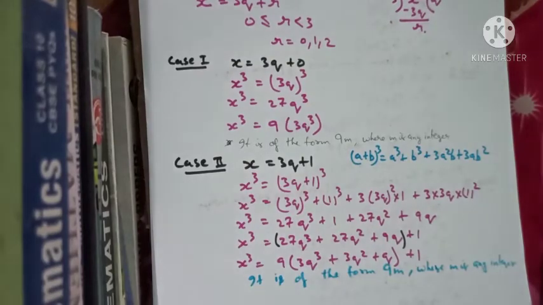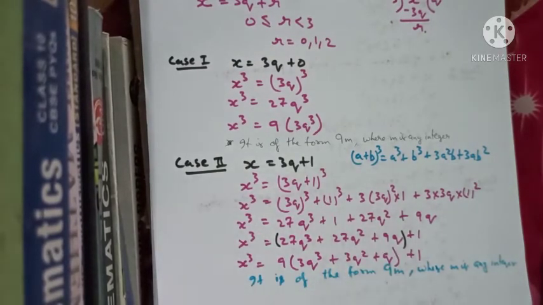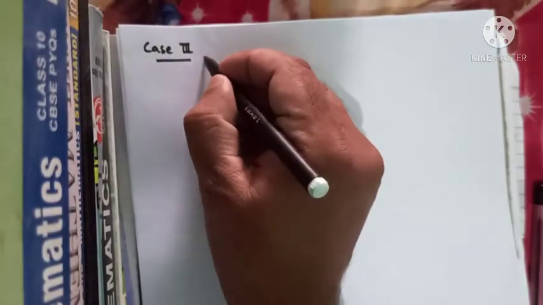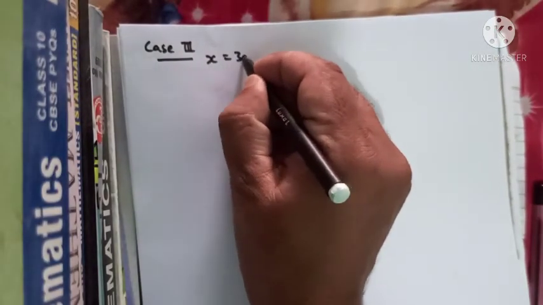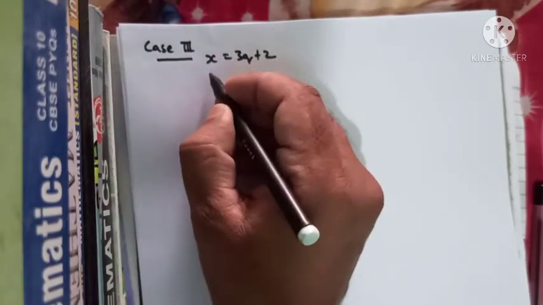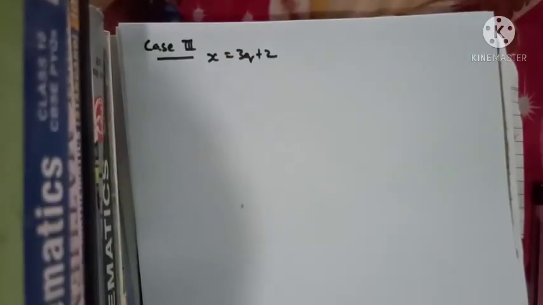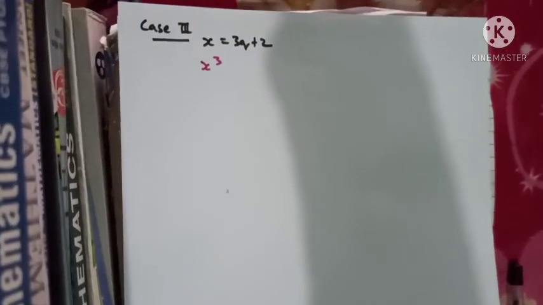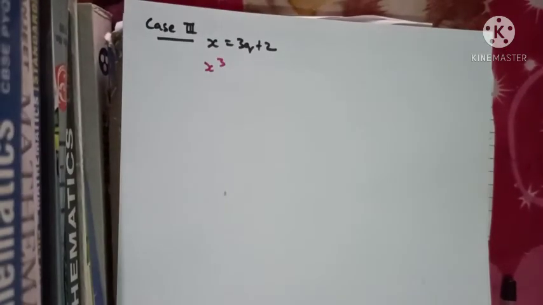Now we are left with the third and the final case. The third case, when the remainder is 2, so we can write x equals 3q plus 2.